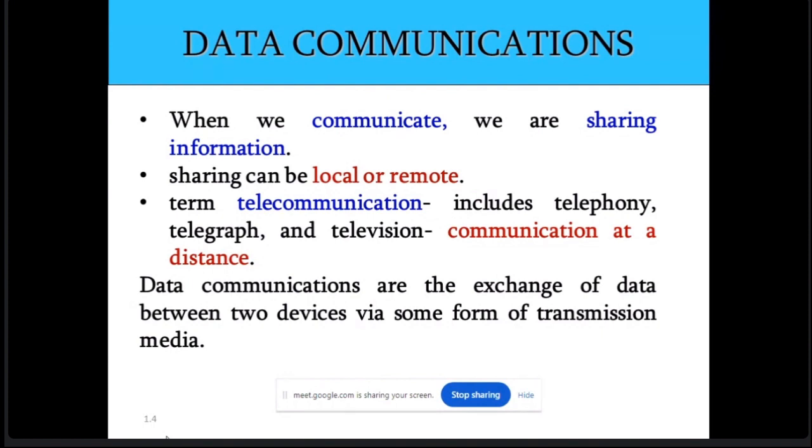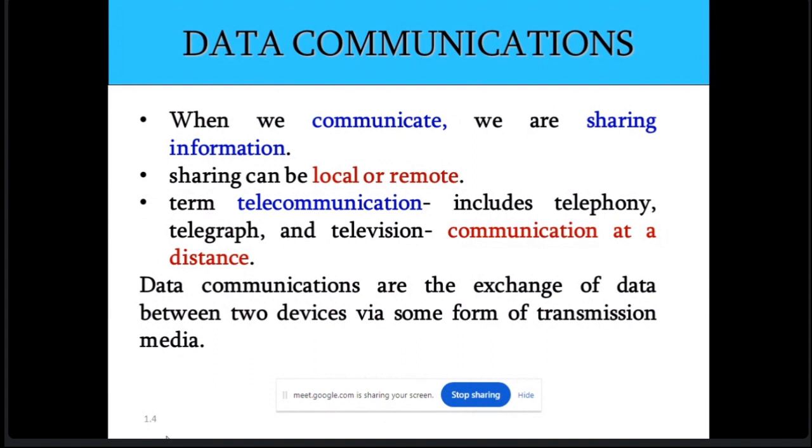What is data communication? We know that we can communicate, sharing information. Here, the sharing can be local or remote. If you want to convey some information or data, you can convey it through face-to-face communication.